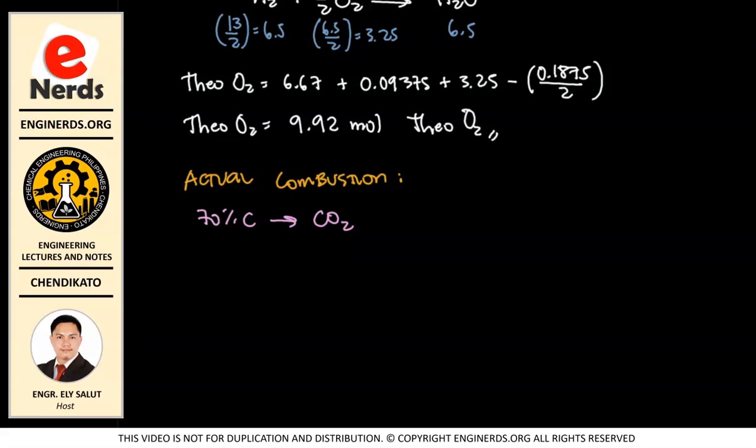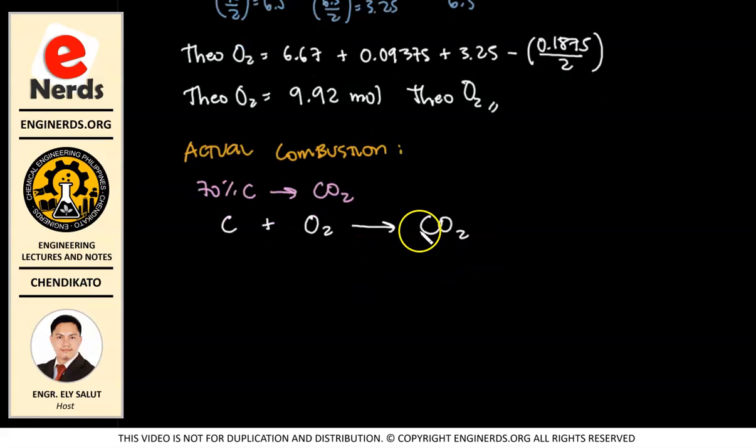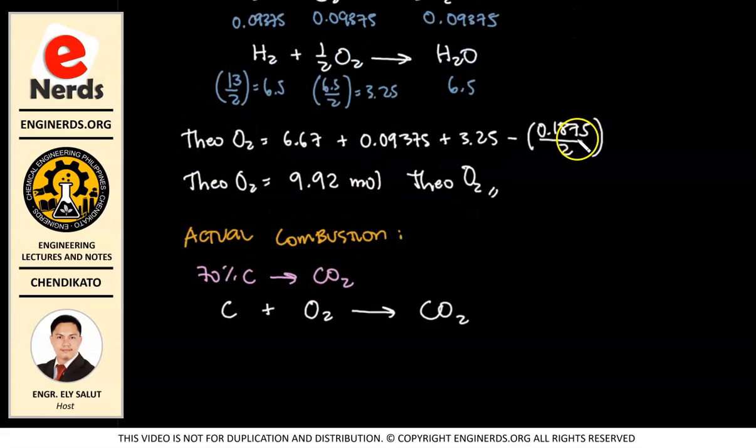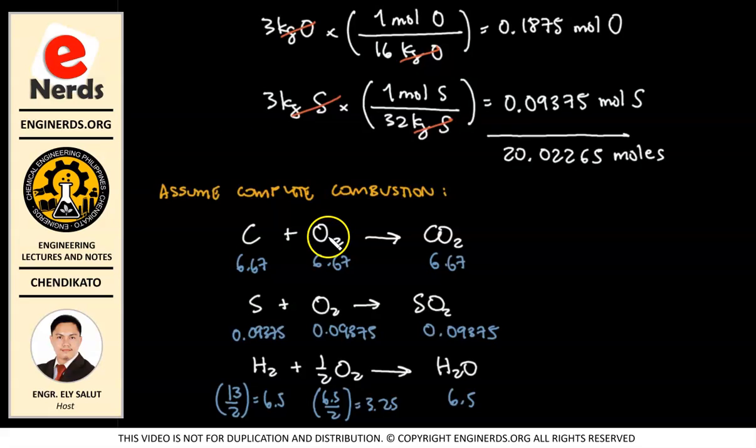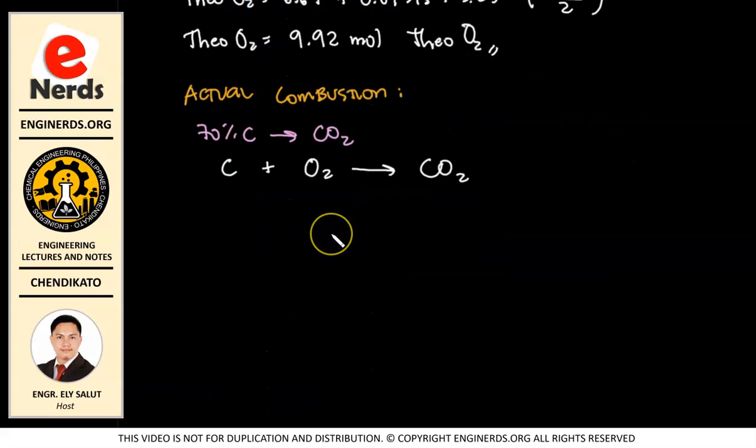So we have C plus O2 gives CO2. How much carbon do we have in our fuel? We have 6.67 moles of carbon, so we'll use 6.67 here.